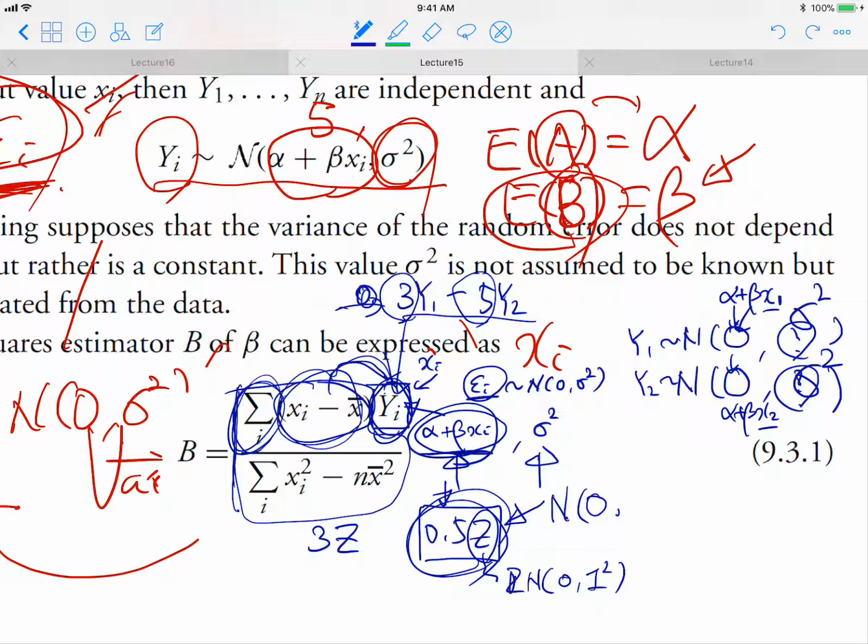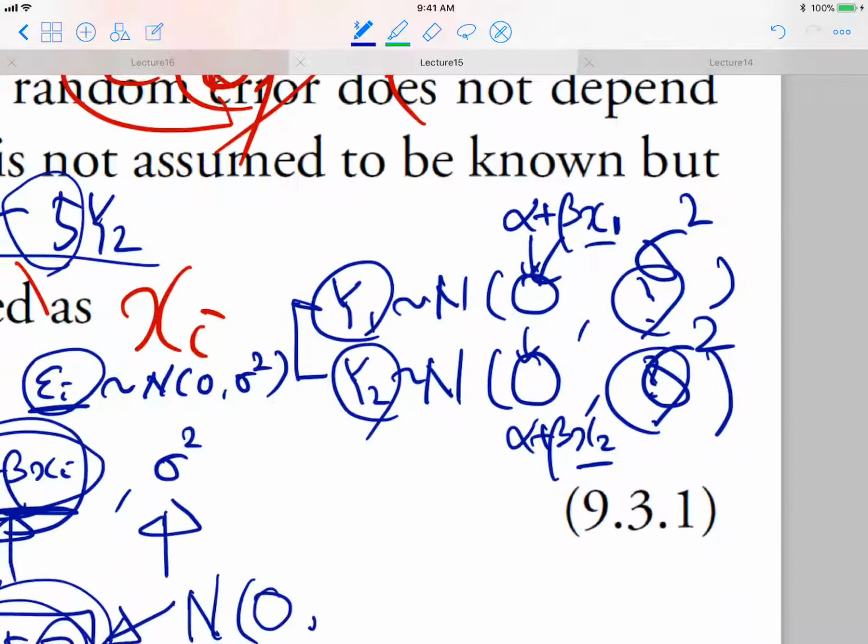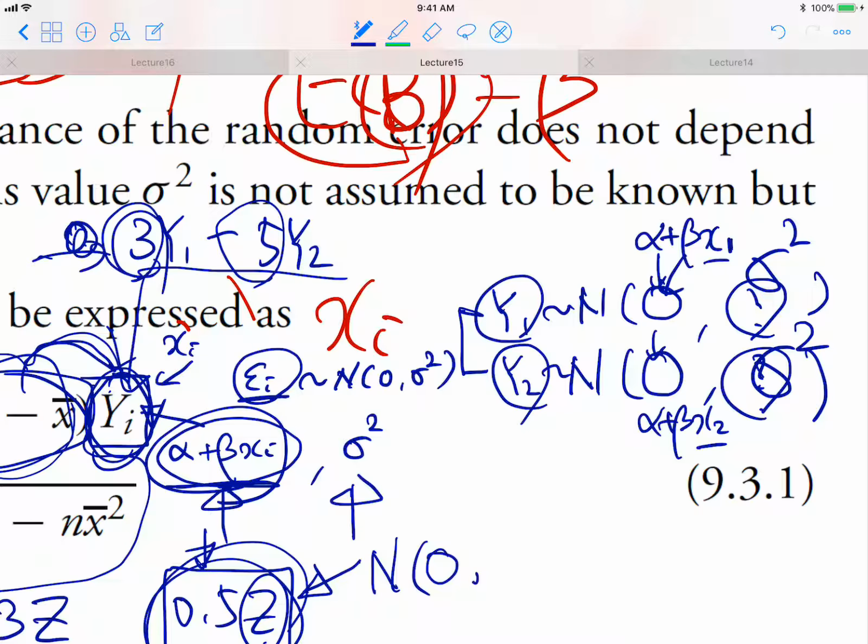Okay, and then let's just consider the scaled version of them. In general, if it had 3yi, then the variance will be like 9 sigma squared, and then this one will have 25 sigma squared as a variance, right? And now we have two Gaussian distributions that have different means and different variance values.